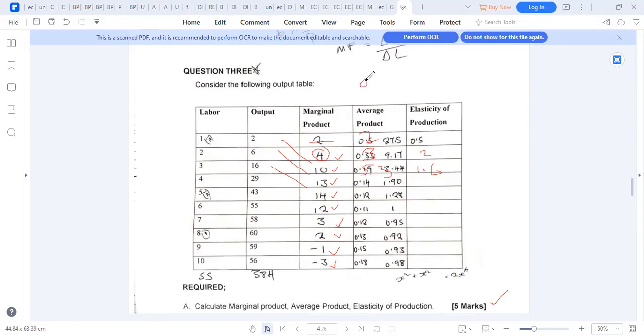We're dividing output over labor. Then for elasticity, divide 4 divided by 2, 10 divided by 6, 13 divided by 16. I hope I don't get confused.